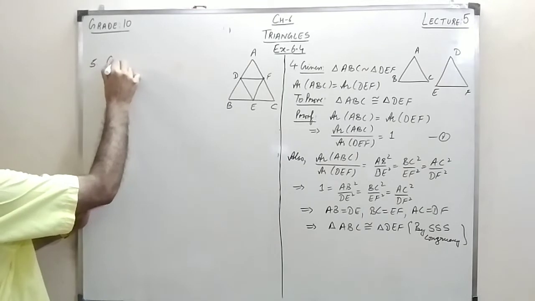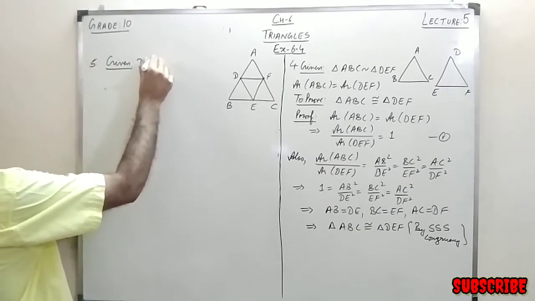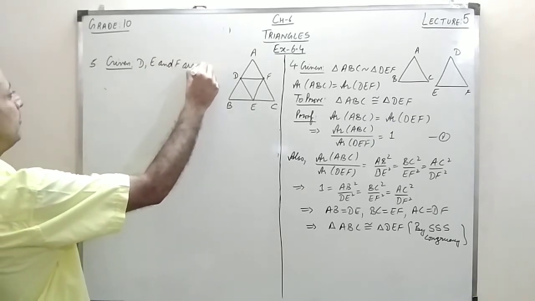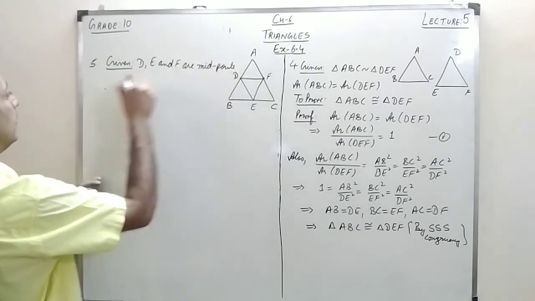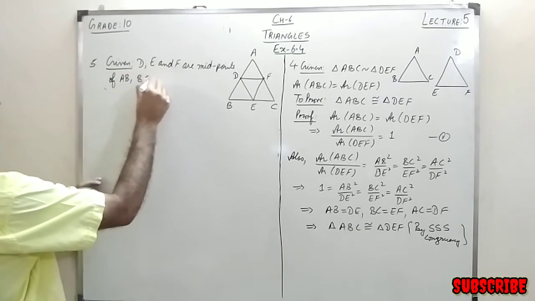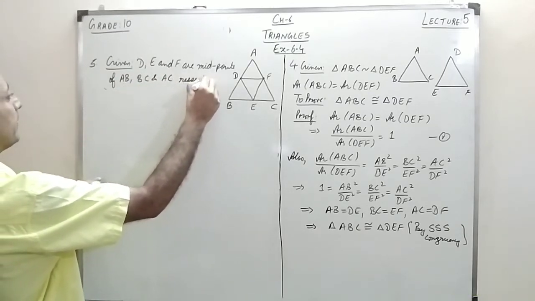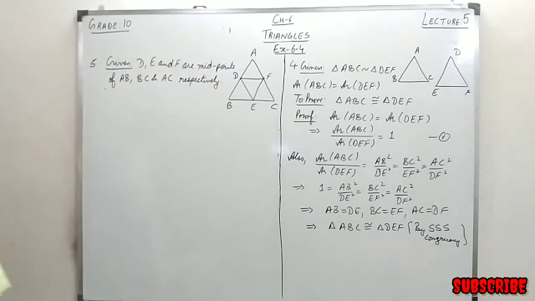Now it's given D, E and F are midpoints of AB, BC and AC respectively. This is given to us, right?